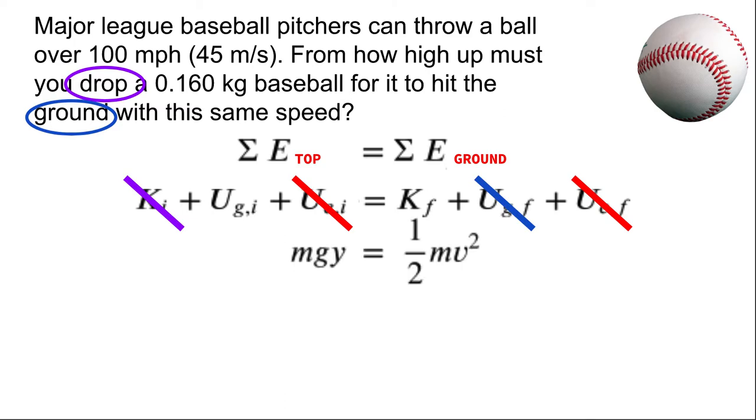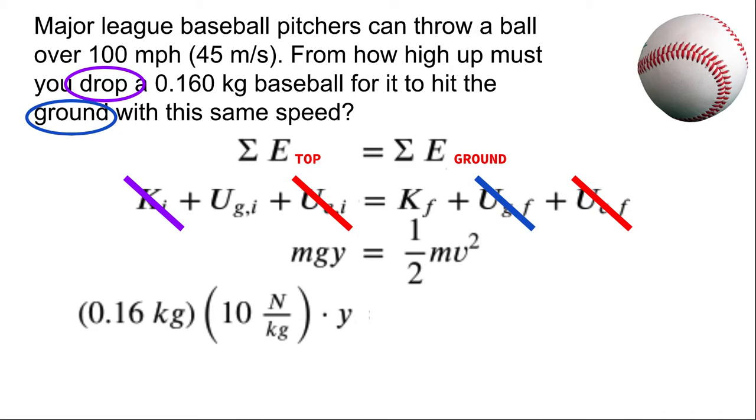So that leaves us with potential energy due to gravity, mgy, set equal to 1/2 mv squared. Now, these are amounts of energy at two different locations. It's very important that you keep that in mind. The two sides of the equation always represent two different positions, two different moments in the motion.